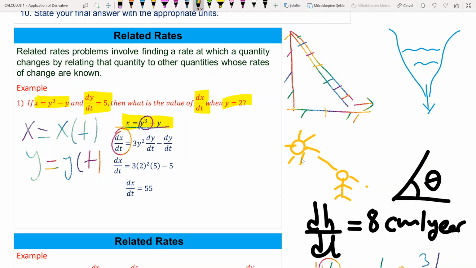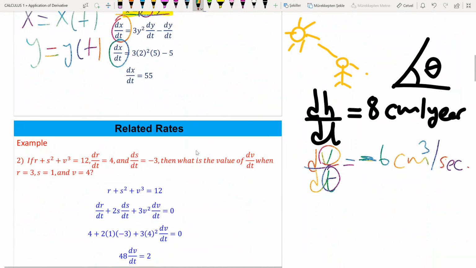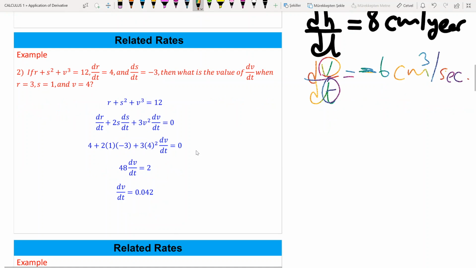So the aim is to find dx over dt, and dy over dt is given. If you make dx over dt alone, we will easily find dx over dt.